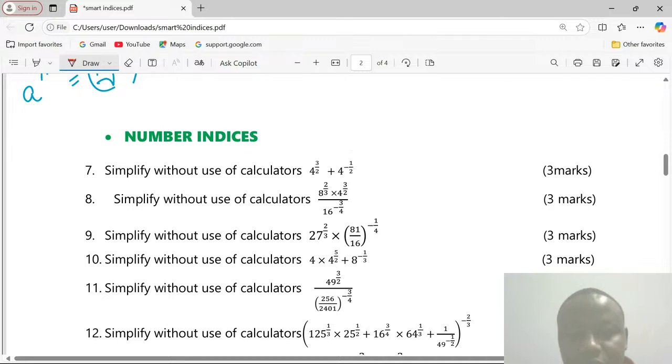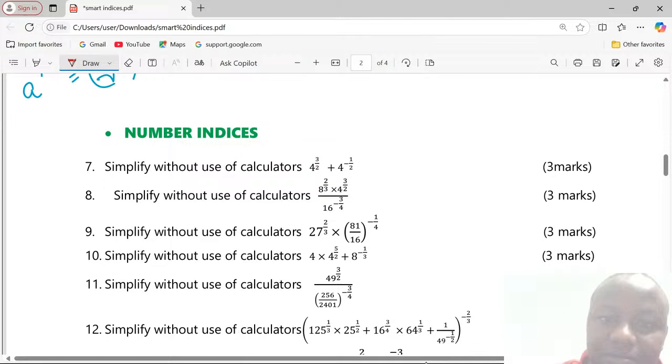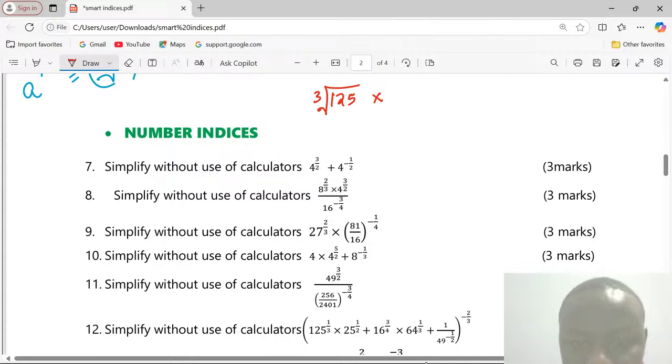Let's begin with 125, which has been raised to the power a third. That means obtaining the cube root. So we start by obtaining the cube root of 125. That is the first interpretation. We multiply this by 25 raised to power half, which means the square root of 25.